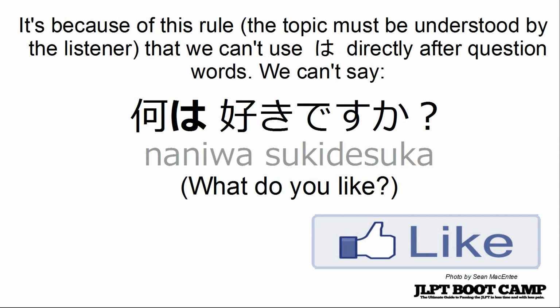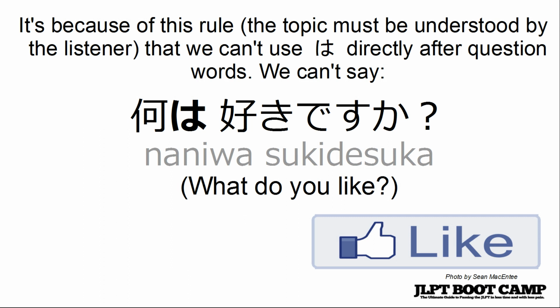Because of the rule that the topic must be understood by the listener, we can't use wa directly after question words. For example, we can't say "nani wa suki desu ka?" That's grammatically incorrect to mean "what do you like?" We can use the wa particle in questions if you want to talk about a particular topic.